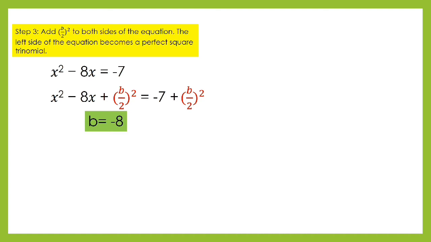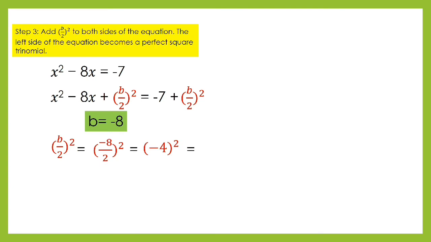Substitute negative 8 to b over 2 squared. So, our b is negative 8 divided by 2 squared. Negative 8 divided by 2 is equal to negative 4 squared. Square natin ang negative 4, we will get positive 16.